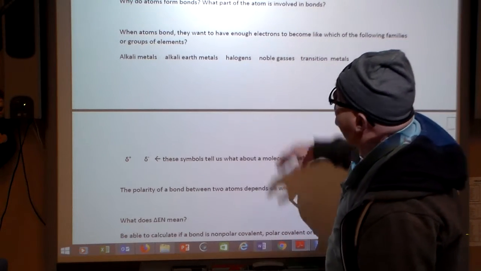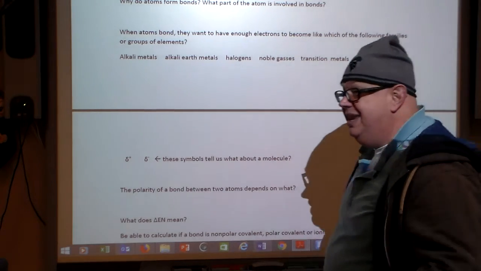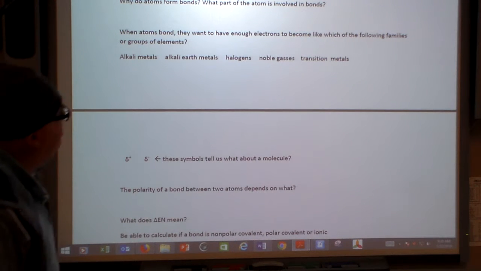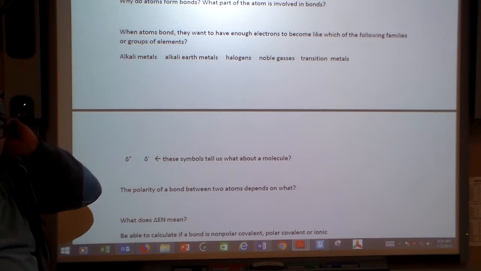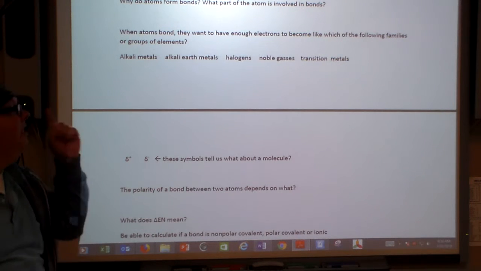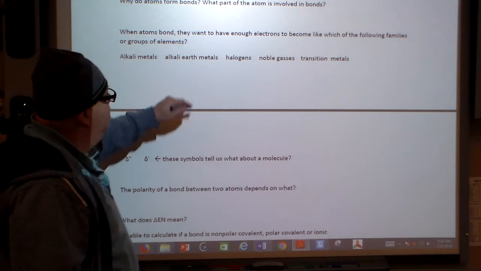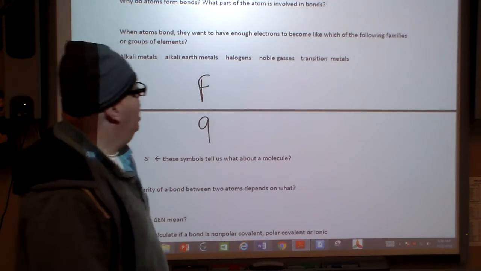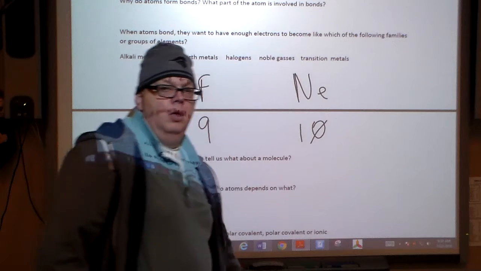Chapter 6, why is it atoms form bonds? To gain stability and lower their energy. That's a key thing here. Keep in mind, when atoms bond, they want to have enough electrons to be like the noble gases. Fluorine has an atomic number of 9. Neon has an atomic number of 10.